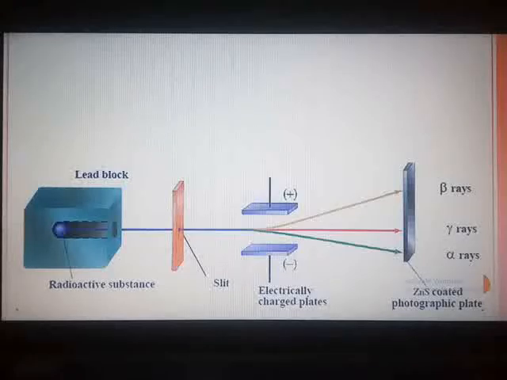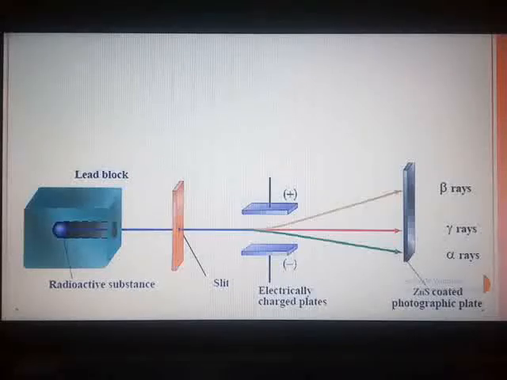In the year 1889, Rutherford discovered that the radiations which are emitted by one of the radioactive substances, that is radium, were of two types, and they are called alpha and beta radiation. Willard discovered the third type, namely gamma radiation.